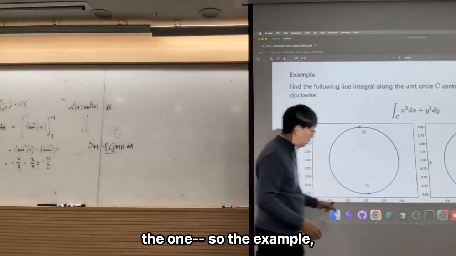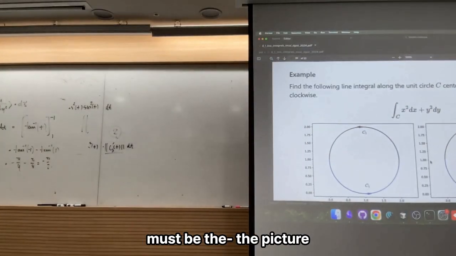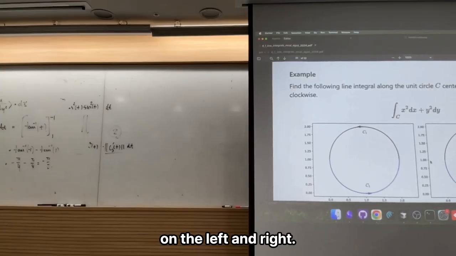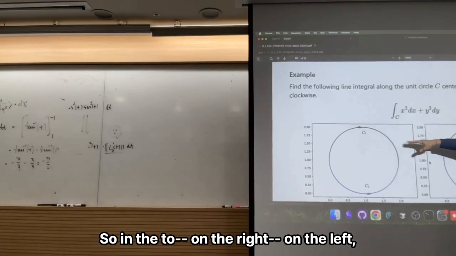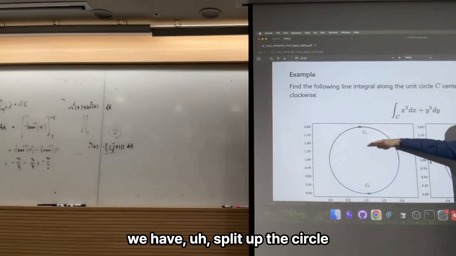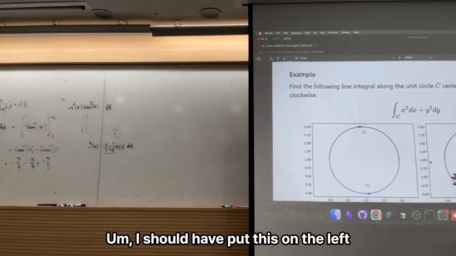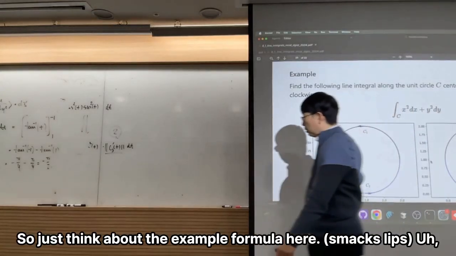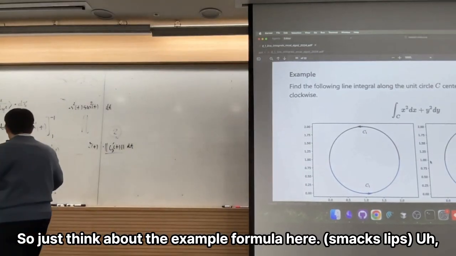The picture on the right hand side must be the one that splits the circle into two parts, left and right. On the left we have a split of the circle into top and bottom. I should have put it as a left and right split, but let's just ignore the picture. Just think about the example formula here.